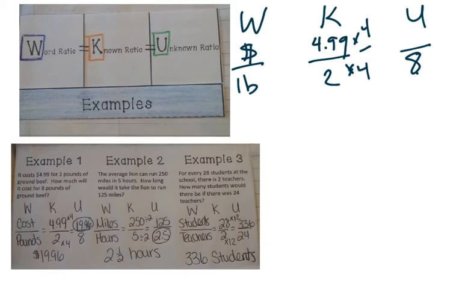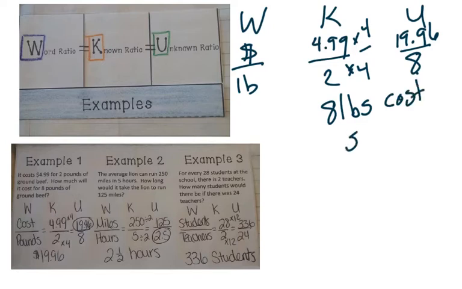So when you do that, you take 4.99 times 4, you're going to get 19.96. So 8 pounds will cost $19.96. So that is where that answer came from. Okay, so that was example 1.